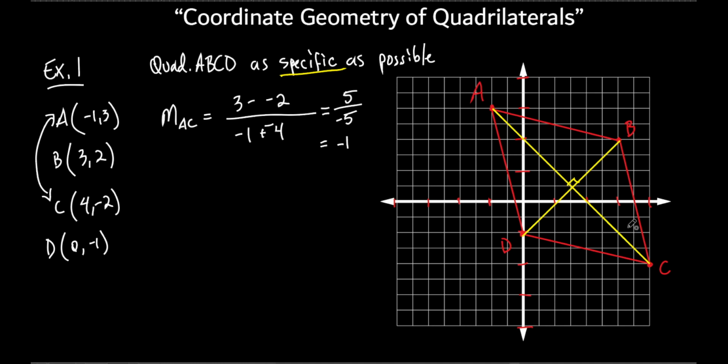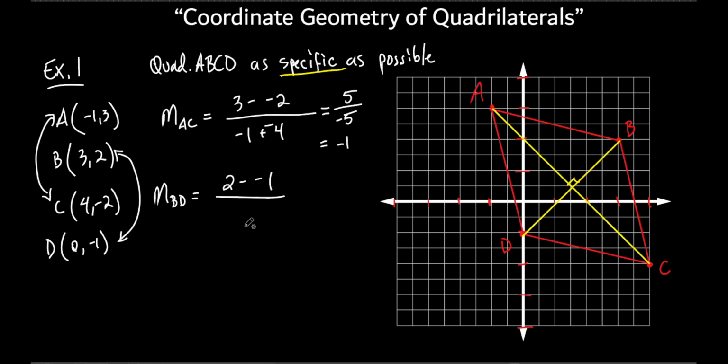Everybody see that? All right, let's find the other one. What else are we going to find the slope of? BD. The cobwebs are out of your brain now, right? So you should know how to do this. I'm going to take this one and this one. The change in Y is 2 minus negative 1.